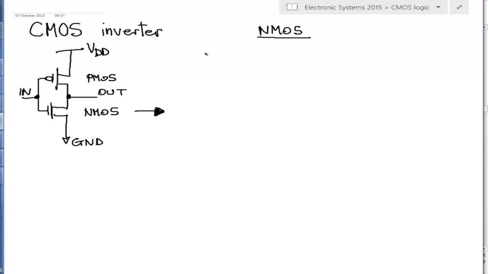One is if VGS is smaller than VTN. VTN is the threshold voltage of the N transistor. In this case, the transistor is off. Of course, it means that the ID is equal to 0. Okay? This is something that you already know.